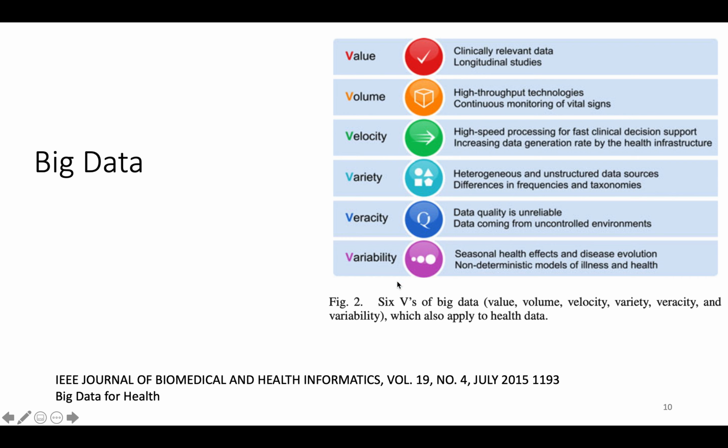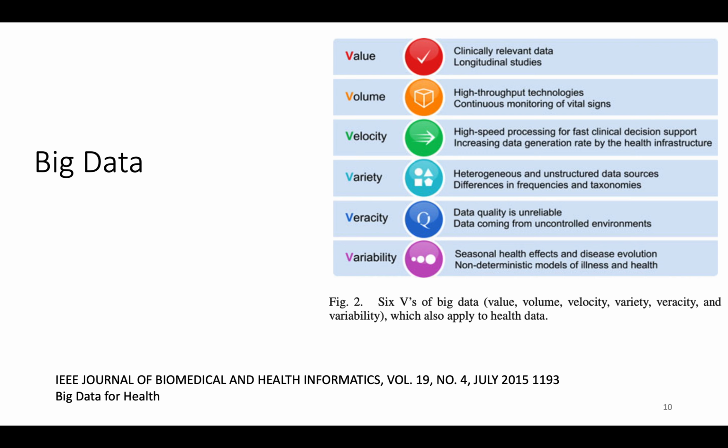So by definition, big data, this slide summarizes the 6 V's of big data. The first feature of big data is value, clinically relevant data. Volume, high throughput technology. So you have a large volume of data that you collect. Velocity, these data are aggregated quickly by the second.